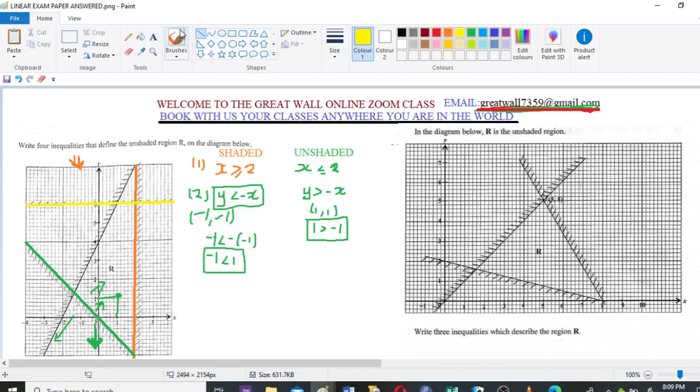Since it is broken, the inequality describing this region, the top part, will be y is greater than 6, isn't it? And these inequalities, because the lines are not broken, should have the or equal to there and there.